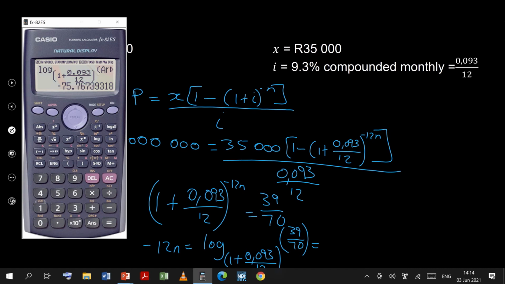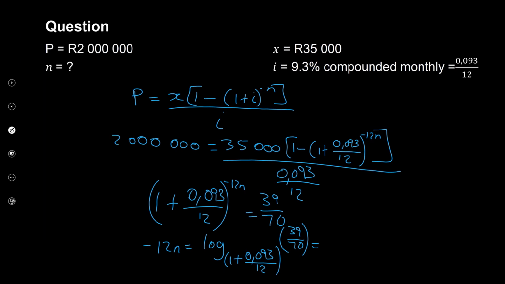And that's going to give me a negative number, but I'm going to divide that by the negative that is on the left, so I'm just going to get 75 months. So this is then going to be 75 months that this person is going to live off this thing.